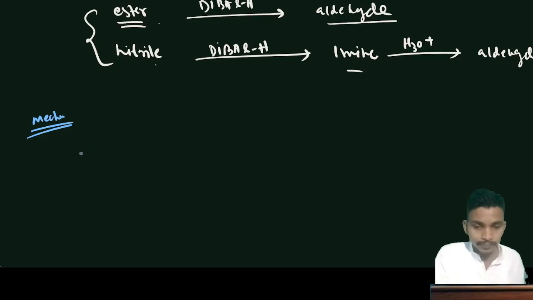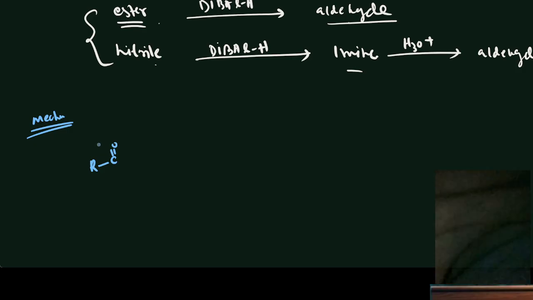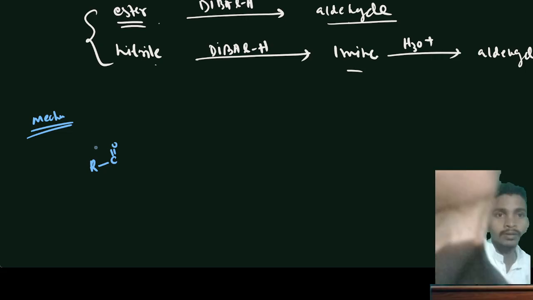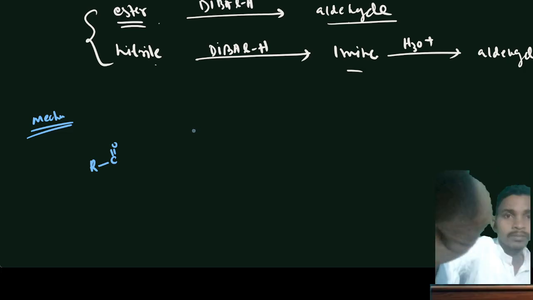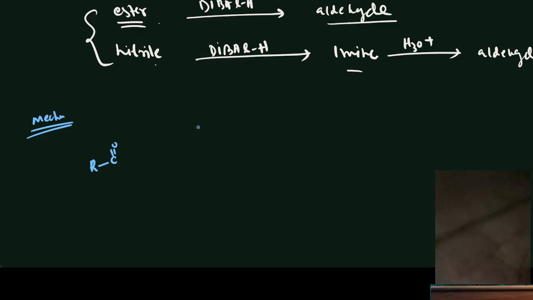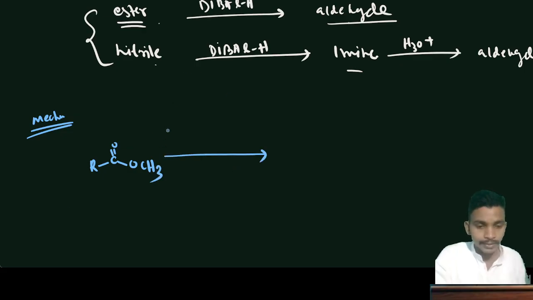Suppose we have the ester group, R-CO-OCH3. Let's see the mechanism with this ester group. Now if we give DIBAL-H, then what will it do?